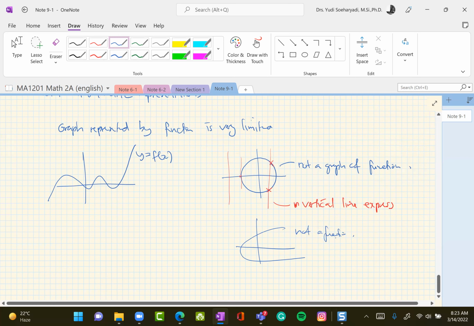So many things we cannot represent, so we try to find some way to represent a curve.